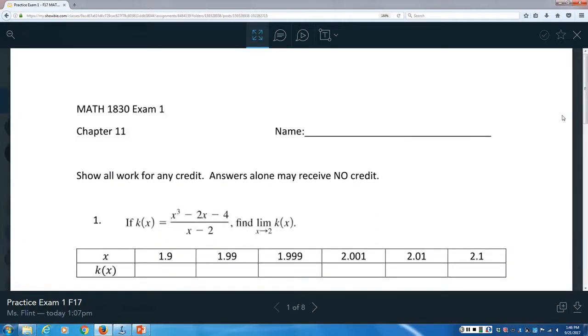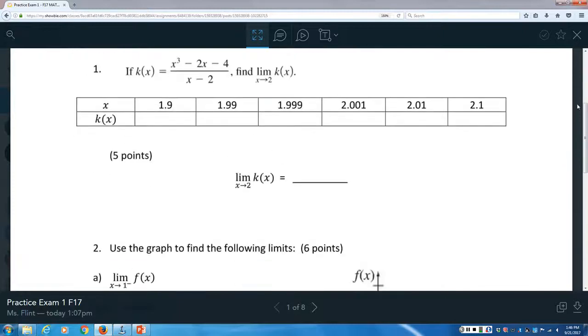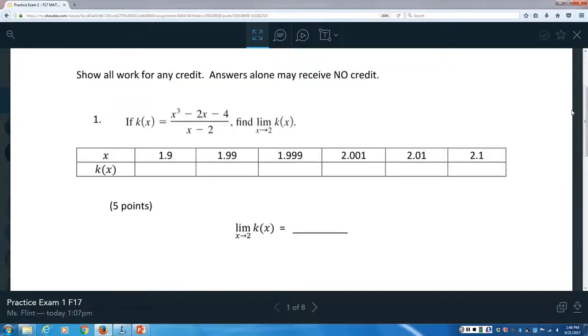I'm going to put the answers up, and if you look at it, this is just like the test. Okay, it is honestly, literally a practice test. So if you do this and get it done, then you'll do very well on the test. Are there answers up for the practice exam? Not yet. There will be.